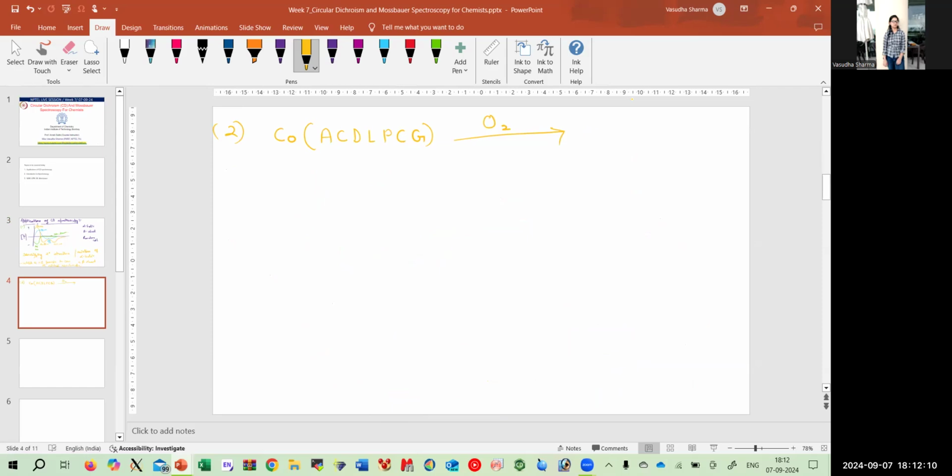Firstly, oxidation of the thiolate connected to it would happen, followed by the oxidation of the cobalt. And this kind of feature is seen in the CD spectra.